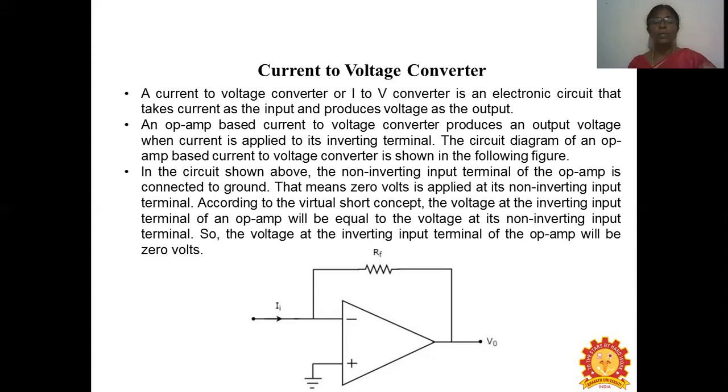That means 0 voltage is applied at its non-inverting input terminal. According to the virtual short circuit concept, the voltage at the inverting input terminal of an op-amp will be equal to the voltage at its non-inverting input terminal. So the voltage at the inverting input terminal of the op-amp will be equal to 0 volts.